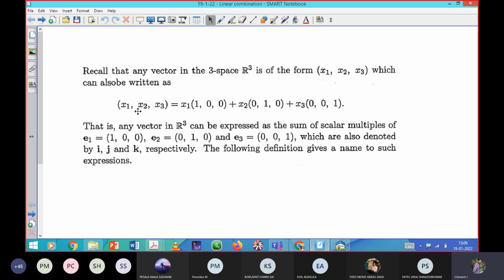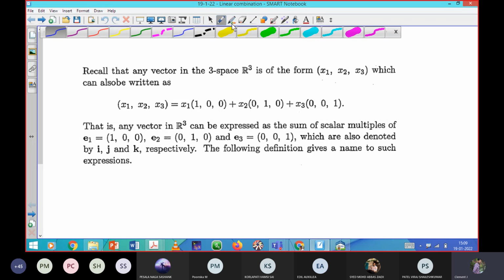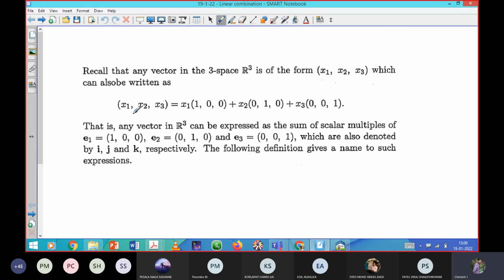See here, this is one vector. That vector is taken from Euclidean R3 space, that is, three-dimensional space. So this vector can be written as a linear combination, meaning x1 into one vector, x2 into another vector, x3 into another vector.